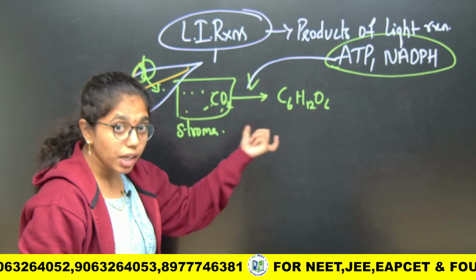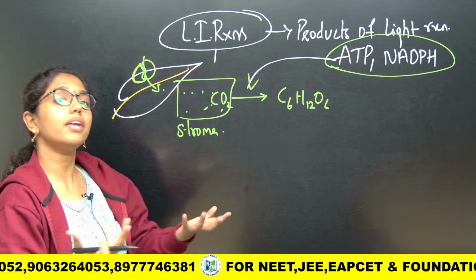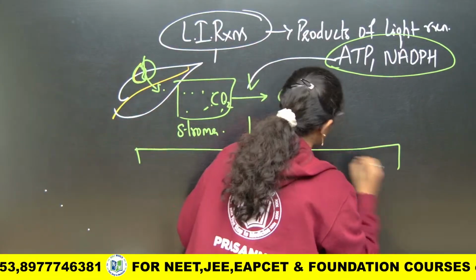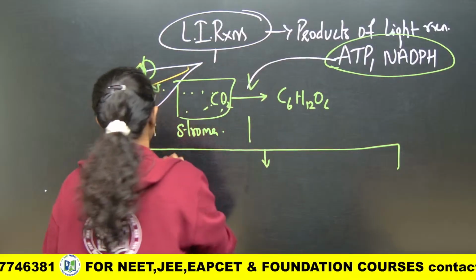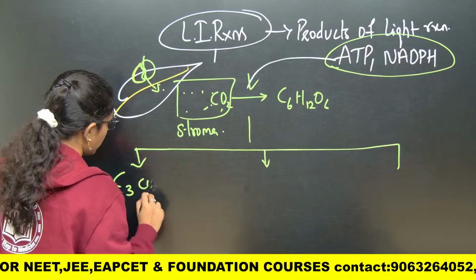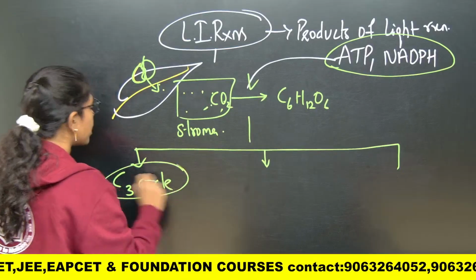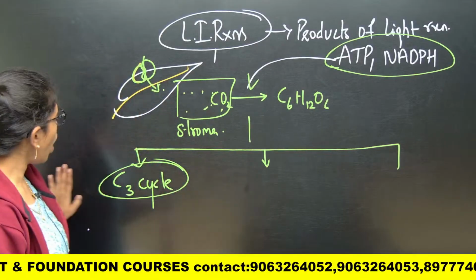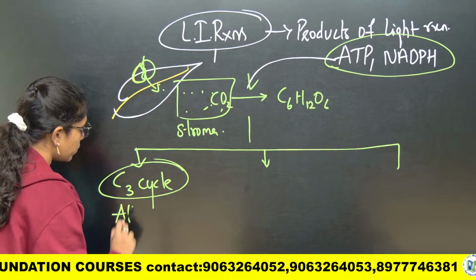This reduction process is different in different plants. Based on the type of plants where the reduction is happening, C3 cycle is activated in all the plants, whether it is tropical, temperate or desert plants. In all the plants, C3 cycle will be present.